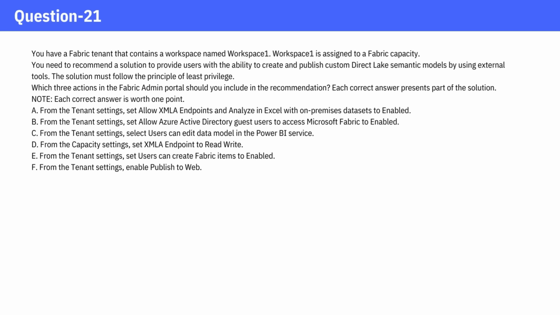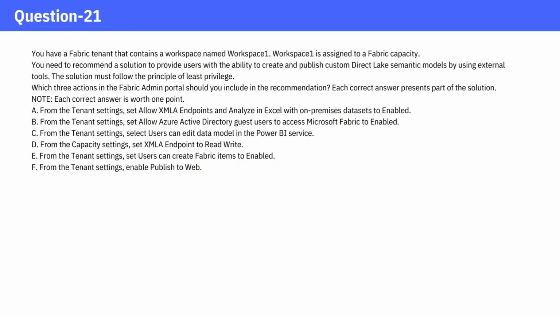Each correct answer presents part of the solution. Note: each correct answer is worth 1 point. A. From the tenant settings, set allow XMLA endpoints and analyze in Excel with on-premises datasets to enabled. B. From the tenant settings, set allow Azure Active Directory guest users to access Microsoft Fabric to enabled.